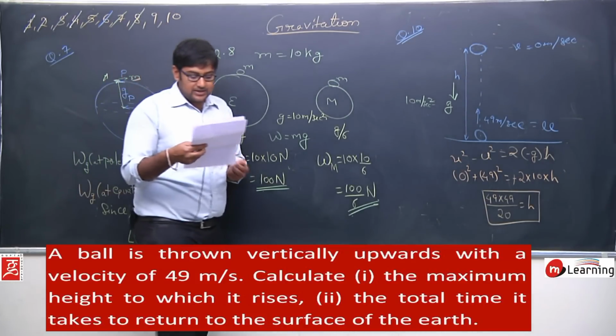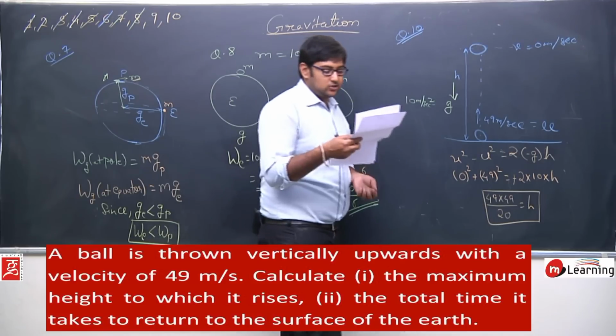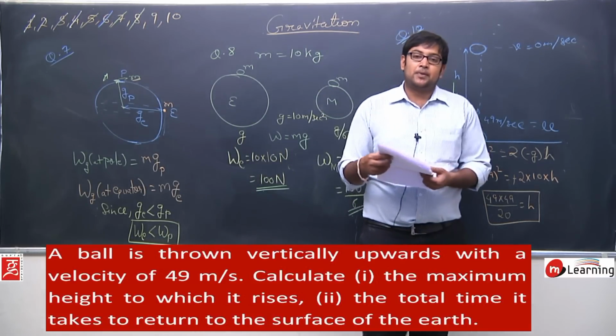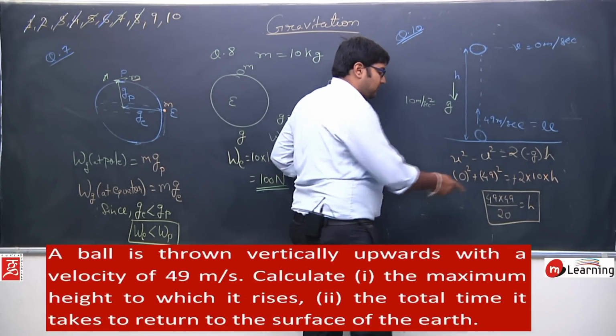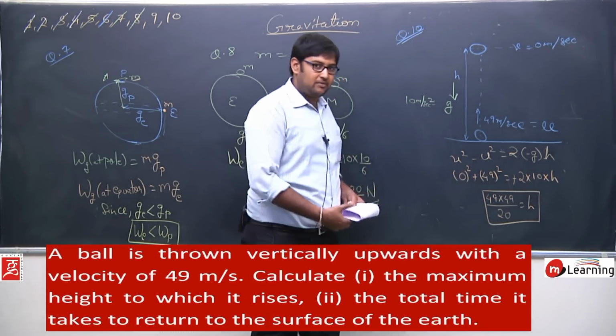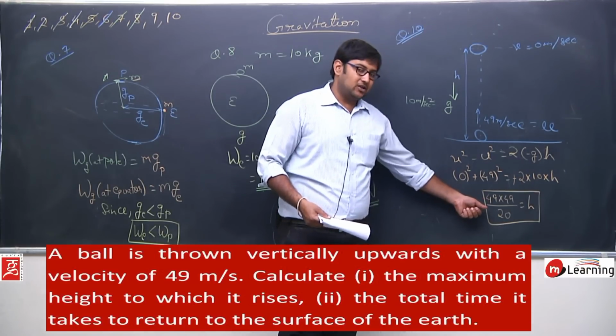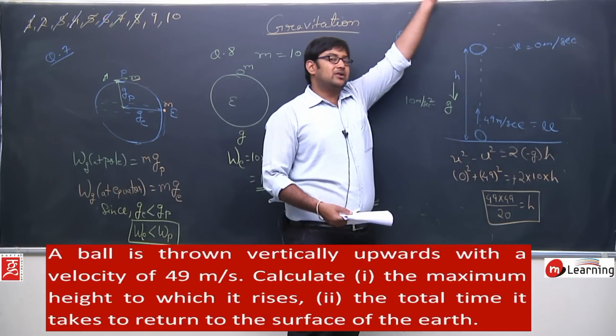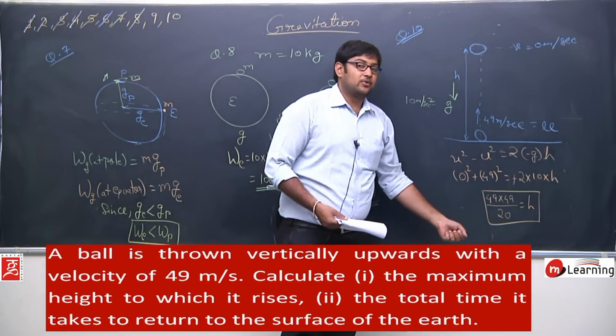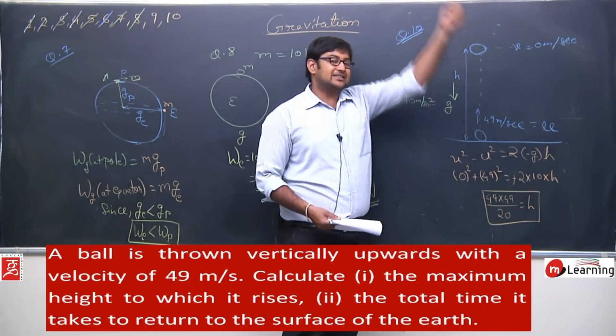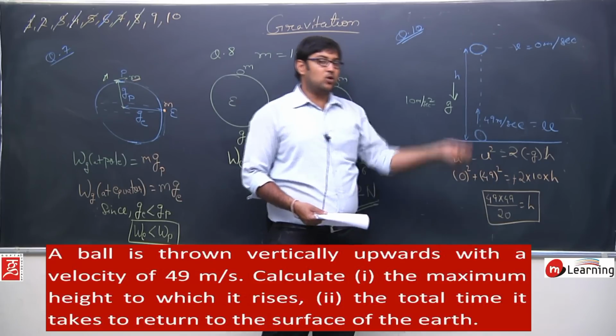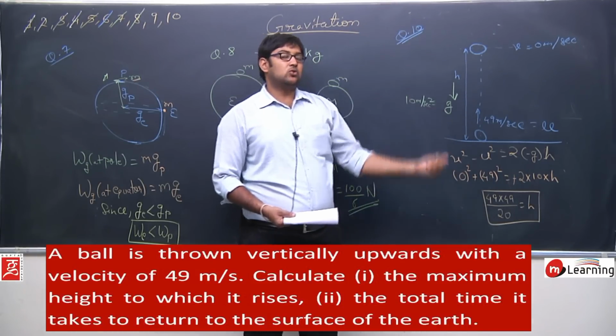The second thing is the total time it takes to return to the surface. It is asking us that if the ball is achieving this height, then how much time will it take to reach this height and come back to the ground? Once it reaches the height, the time taken to go up will be equal to the time taken to go down.